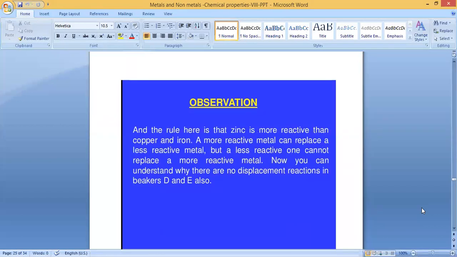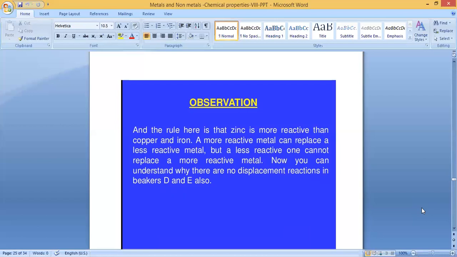So we have to learn one principle. What is the principle we are going to learn now? The rule here is that zinc is more reactive than copper and iron. A more reactive metal can replace a less reactive metal, but a less reactive metal cannot replace a more reactive metal. So this is the principle.